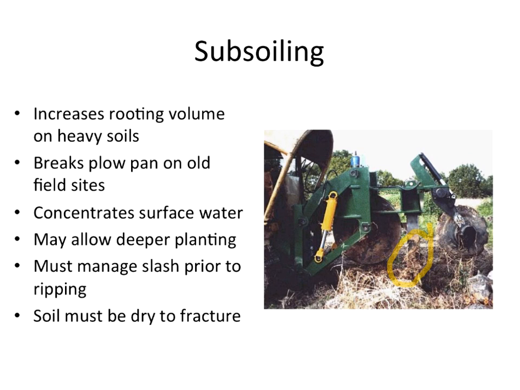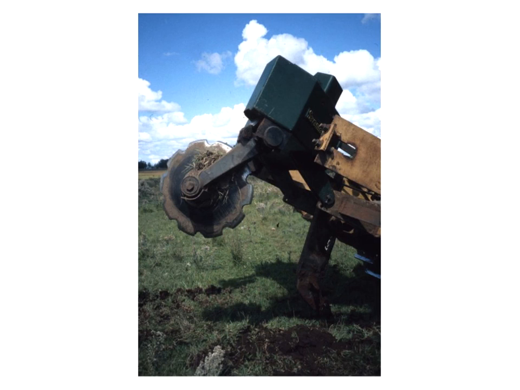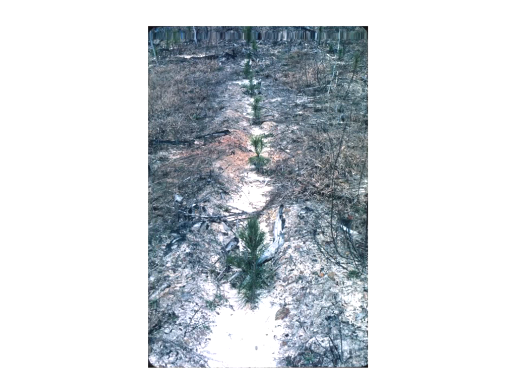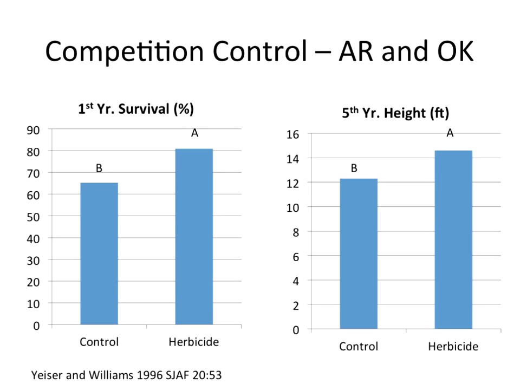That helps to break up heavy soils. It can break the plow pan on old field sites and can allow roots to access a greater volume of soil on some sites. It can also provide a little pot that can accumulate water. So on some sites, ripping or subsoiling may be a good choice.